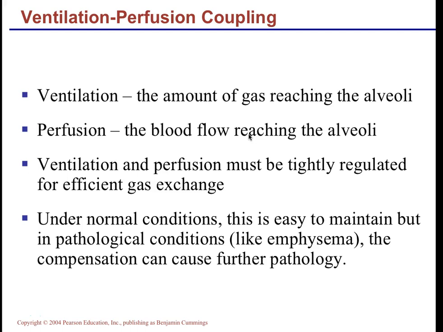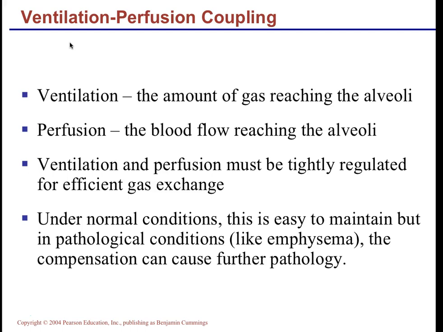Now, it's tightly regulated, and in people who are healthy, it's just little blips here and there, little tweakings here and there. But here comes the problem. When we might have a situation where there might be slight bronchoconstriction and the ventilation goes down, what the pulmonary arterioles that are feeding the pulmonary capillaries will do is they'll constrict a little bit.